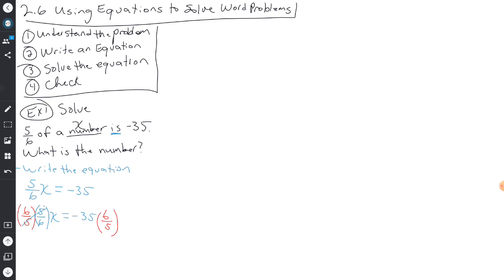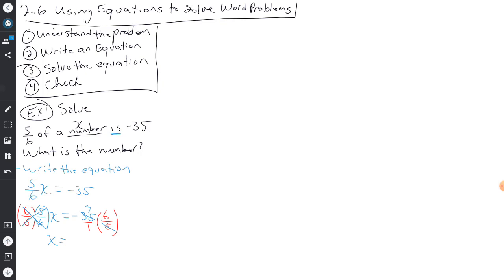All right, so that effectively cancels this out, leaving us with just the x. And what about over on the other side of the equal sign? You can put a 1 under it. So 5 goes into 35 how many times?